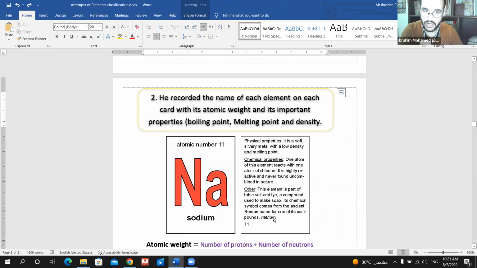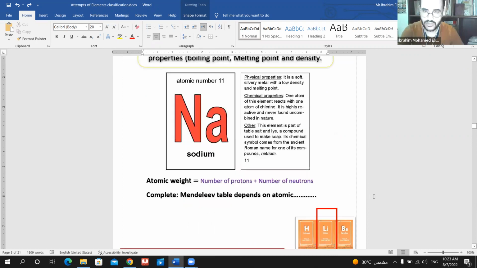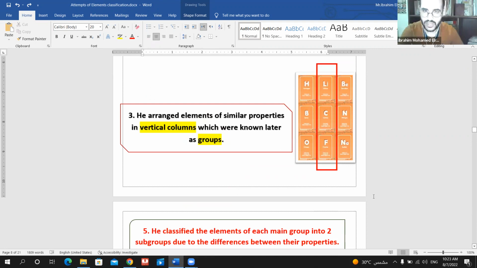For example, this card was not for Mendeleev; it was for Muslim, because here it is supposed to say atomic weight, not atomic number. So let's just pretend that this is the atomic weight. He wrote the name, the symbol and the atomic weight and some properties like the density, the melting point and the boiling point. That is the second step he has done.